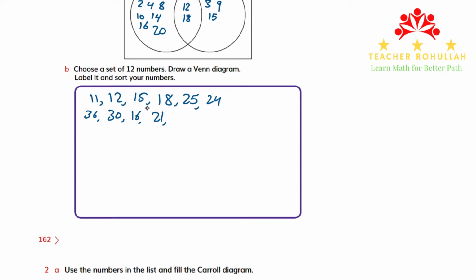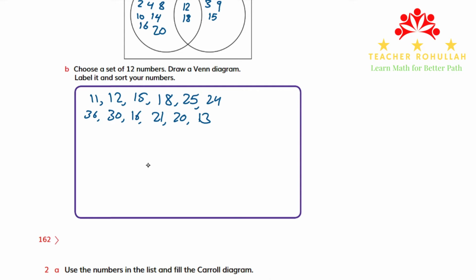So we have to make 6 down here. 21, 20. And the last one should be 30. Well, now we have 12 numbers and we have to make a Venn diagram and sort it.